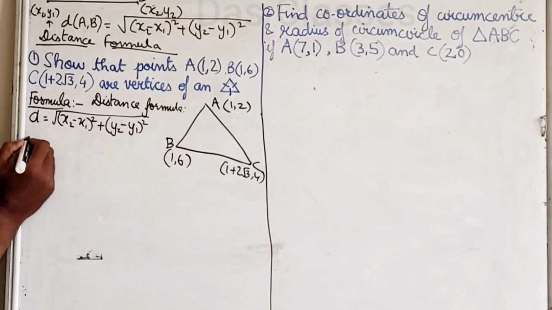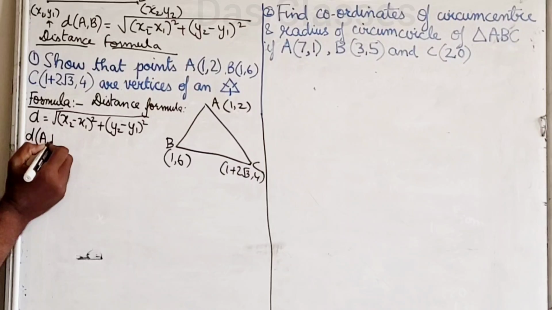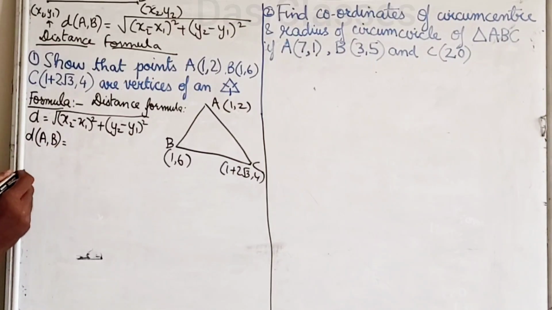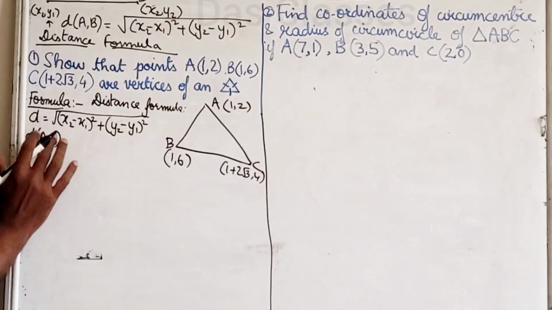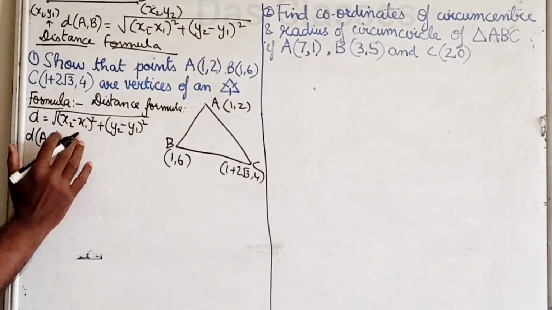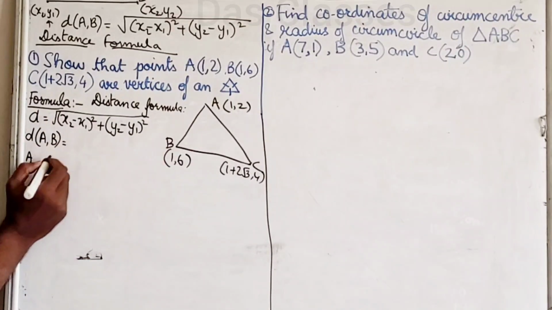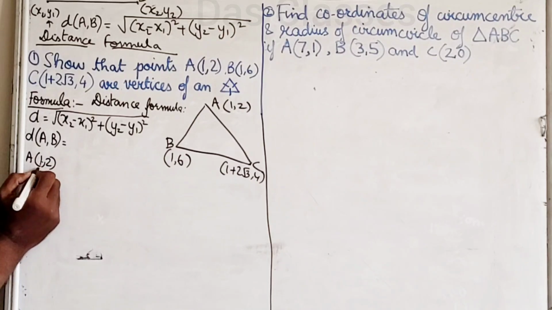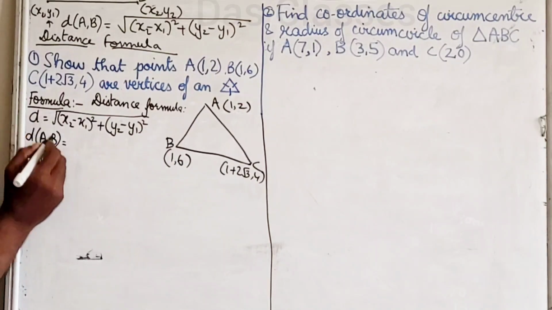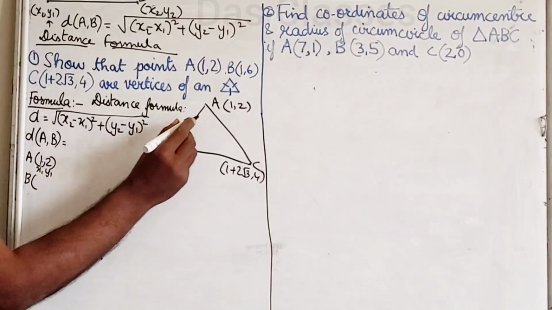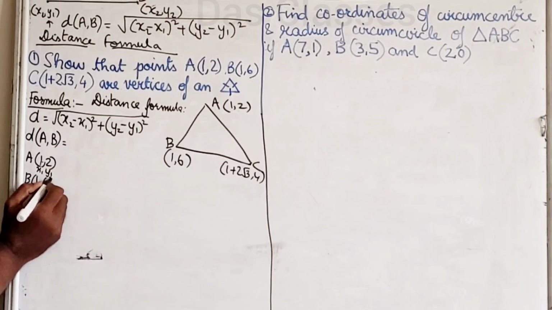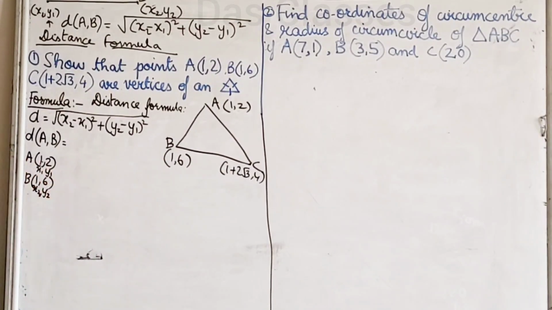First we'll find distance AB, or length AB. We are not going to write the formula again and again. A is (1, 2), which we consider as x1, y1, and B is (1, 6), which we consider as x2, y2. Always the first coordinate is x and the second coordinate is y.